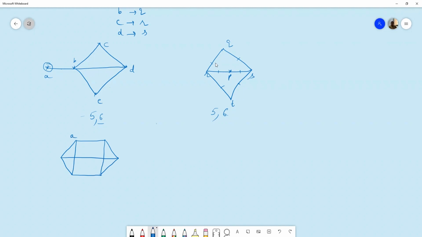Now this is graph A, B, C, D, E, F, a graph consisting of 6 vertices. Now one more graph we have, again with 6 vertices.